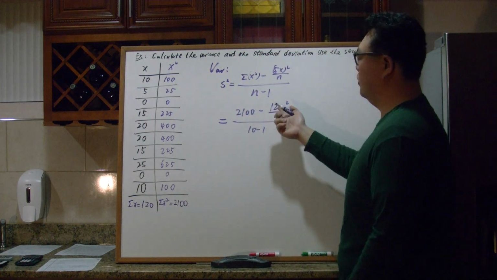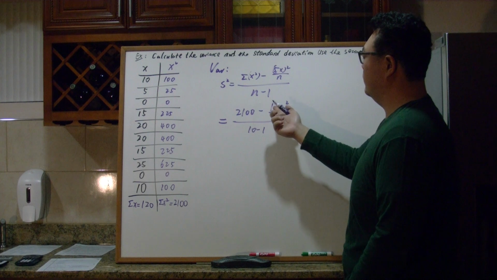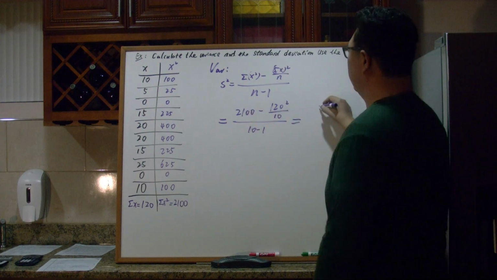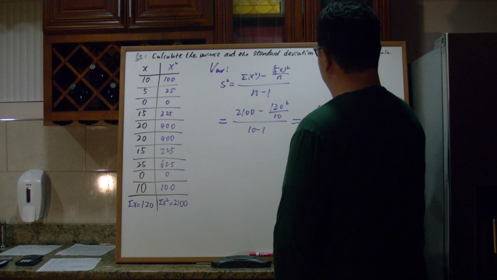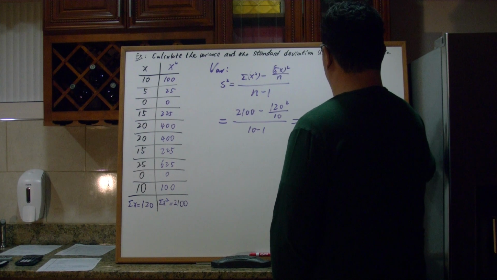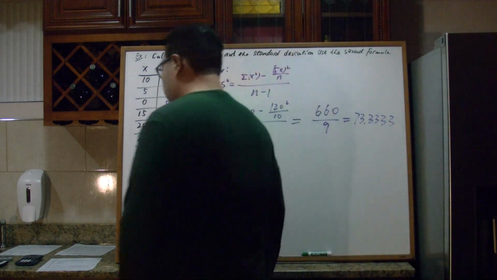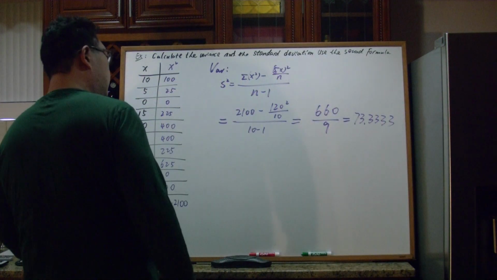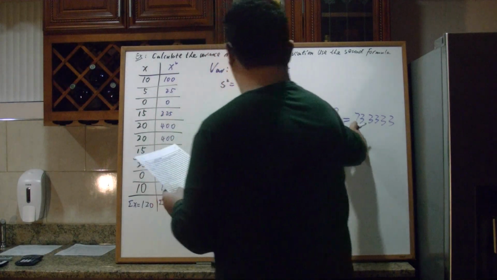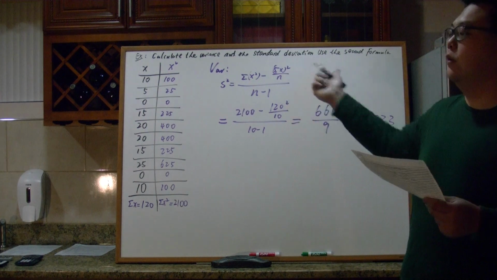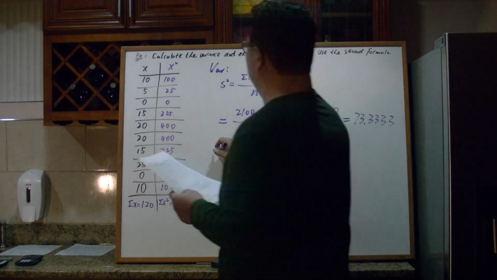That's 1440. Subtracting, that's 660 over 9, which is about 73.3333. Or you could keep it as an infinite decimal. If more digits are kept, of course it is more accurate for the standard deviation.